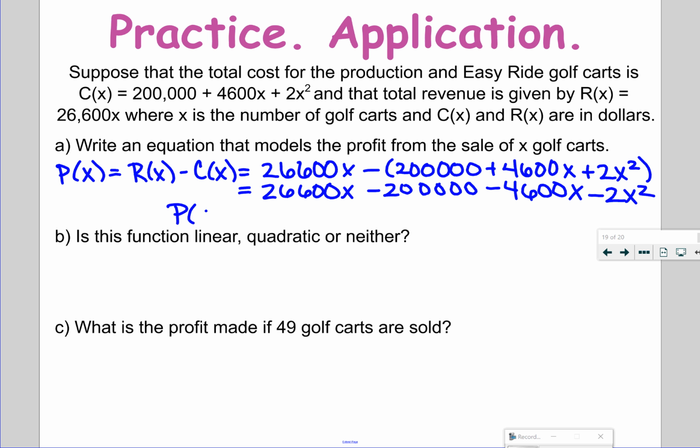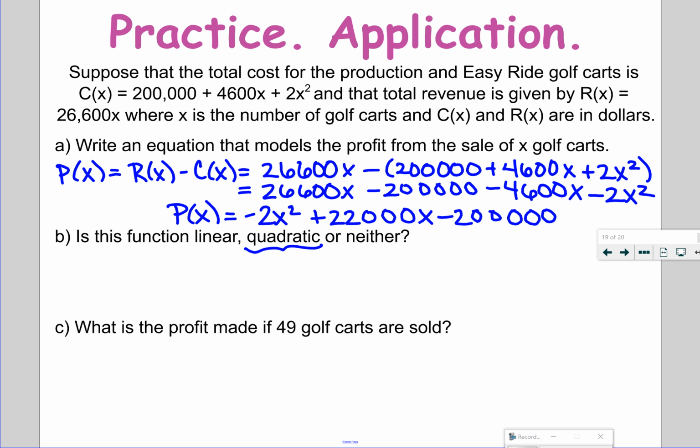So your final function here, and I'm going to put my terms in order, exponents highest to lowest always, is negative 2x squared. If I do 26,600 and subtract off the 4,600, I get 22,000x minus 200,000. Is it linear, quadratic, or neither? The answer is quadratic because you have an x squared as your highest power.